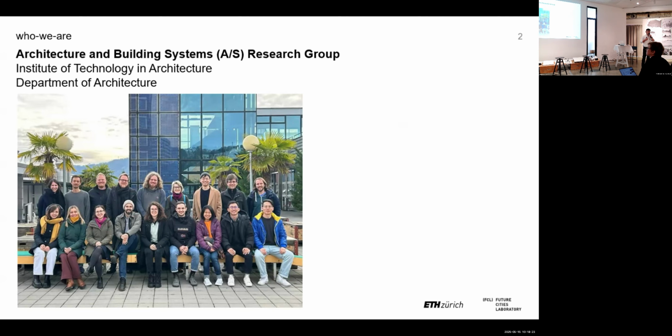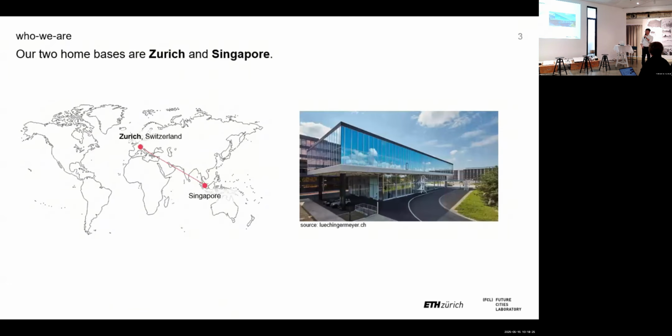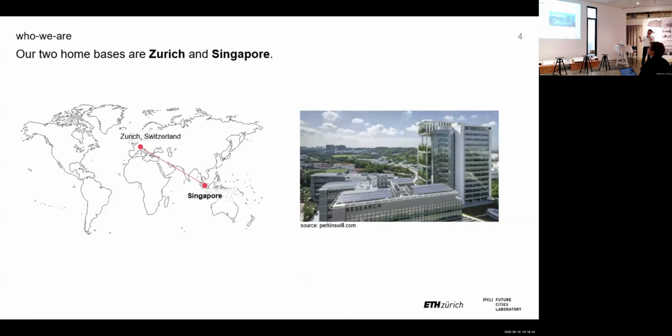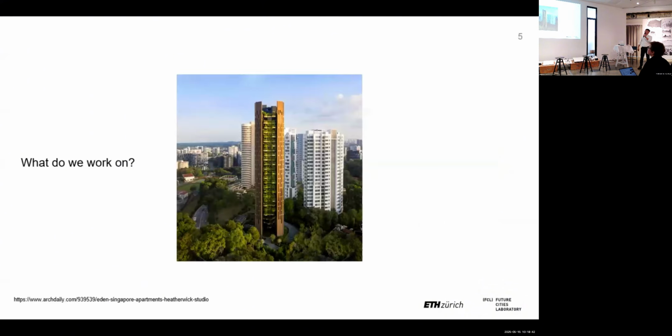Myself, I have an architecture and urban design background. We have two home bases. One is in Zurich, in Switzerland, and this is our office at ETH. The other one is in Singapore, which is more lush and high-rise and can really reflect the common typologies of the buildings in the two cities.